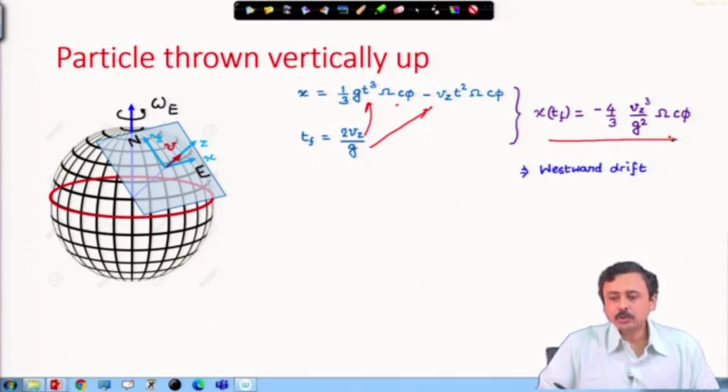Now phi in the northern hemisphere is positive, in the southern hemisphere it is negative, but cos phi does not change sign. Therefore, whether you project the particle in the northern hemisphere or in the southern hemisphere, the shift will be westwards.